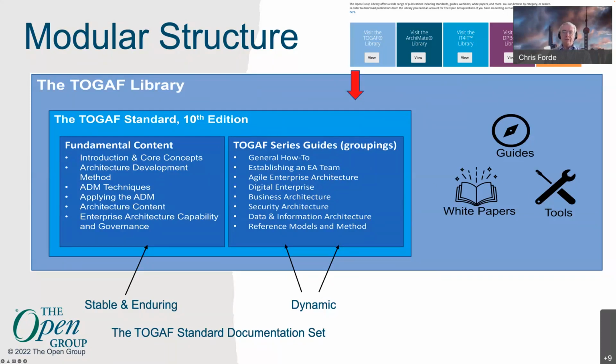Now, on the right of the TOGAF library, related to but outside of the standard itself, you'll find other guides, white papers, tools, webinars, presentations, videos, and publications in PDF and physical book form. And this area, although it's not within the standard, is extremely important, and I'll illustrate why later.